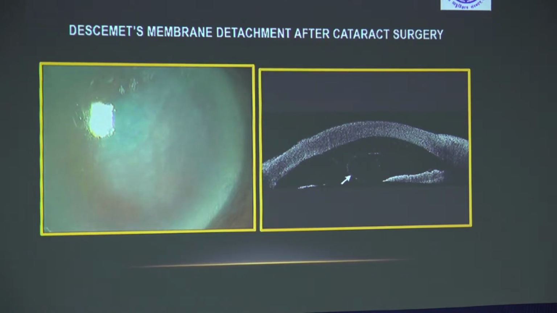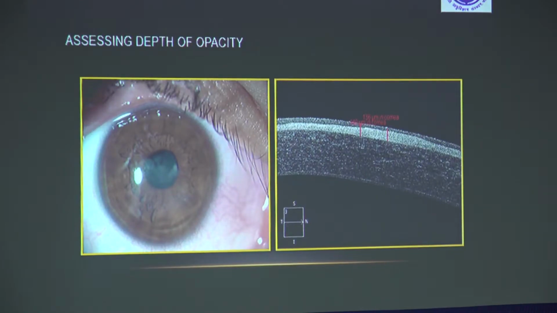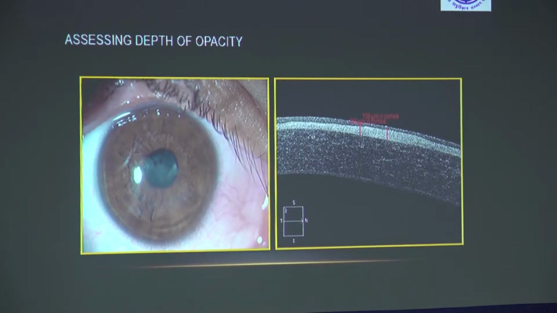It is helpful in finding Descemet's membrane detachment in patients after cataract surgery. If there is persistent corneal edema and you are not able to see the extent of Descemet's membrane detachment on slit lamp, anterior segment OCT is a great help to identify that and guide subsequent management. As far as opacities are concerned, we can measure the depth of that particular opacity and manage accordingly.